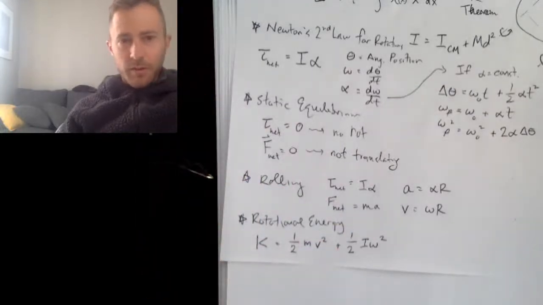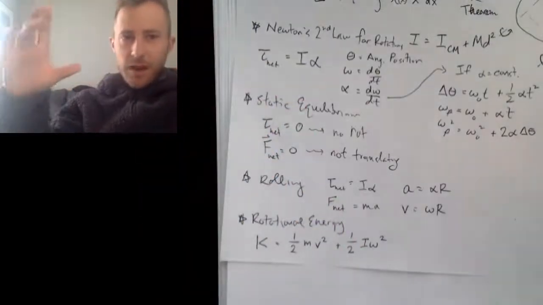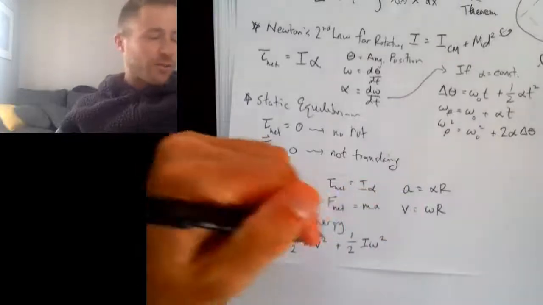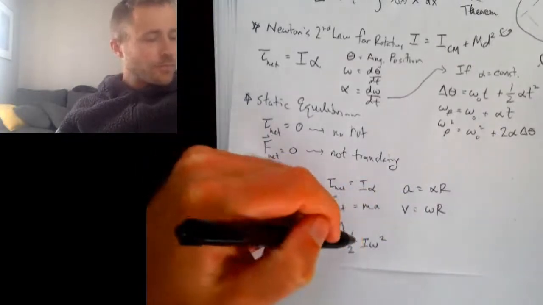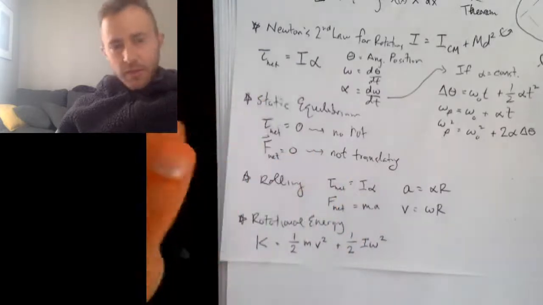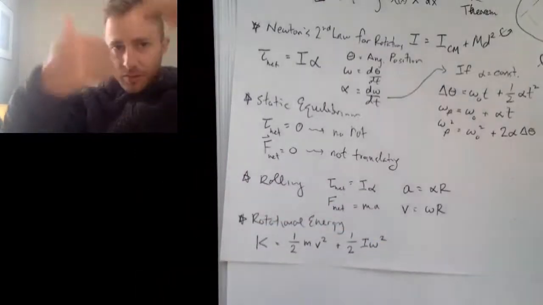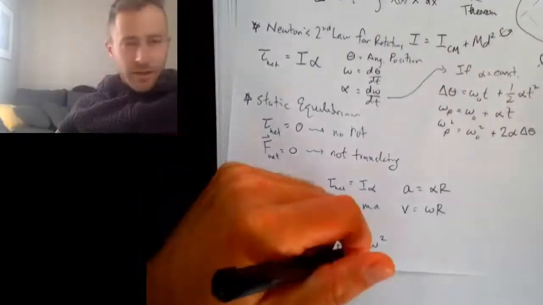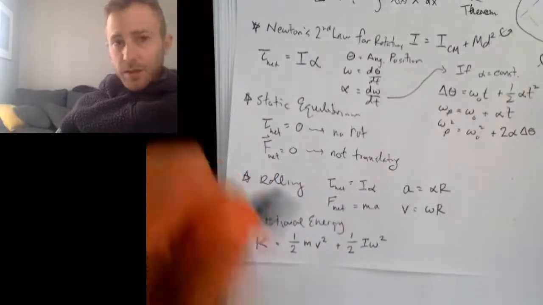A block is usually square, so it's not going to be rolling. So blocks tend to have only translational kinetic energy. Pulleys tend to be fixed in place and spinning, so pulleys tend to have only rotational kinetic energy. You can have things that have both.